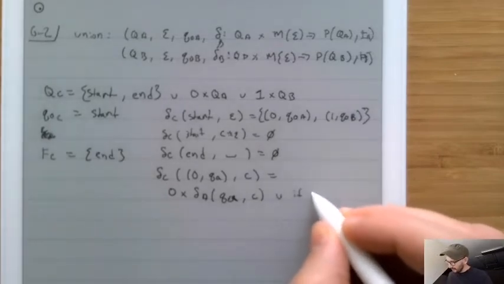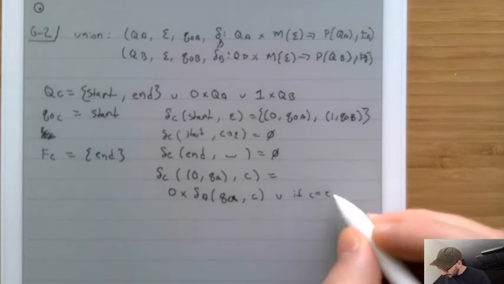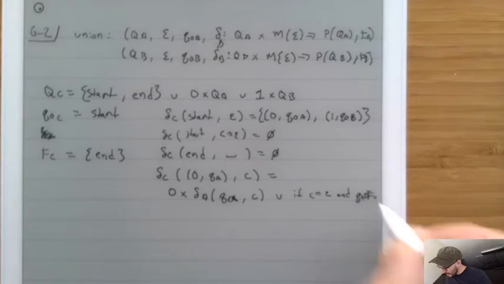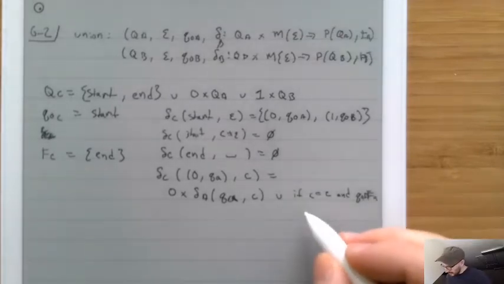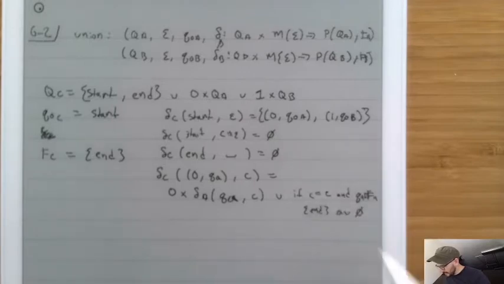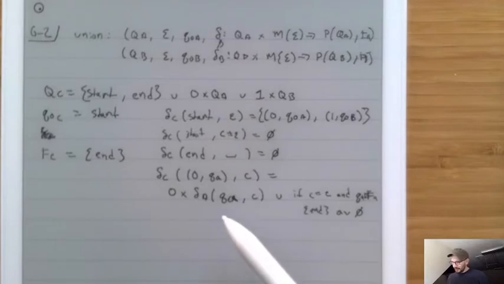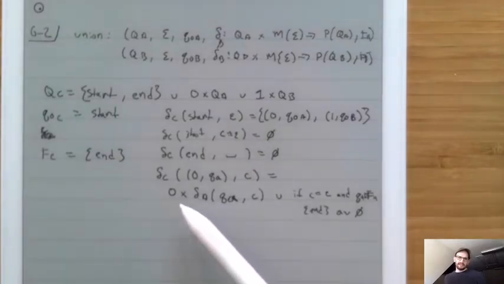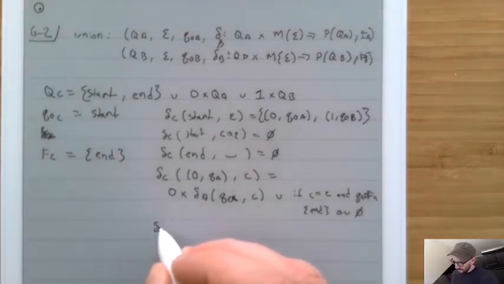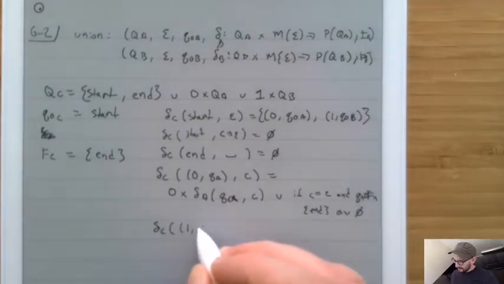We're going to say if C is equal to epsilon and QA is inside of FA, that means it's one of the accepting states, then we'll return end. Otherwise, we'll return empty. So this basically says we take everything that the previous delta A did, combine it with 0, and then also do one more thing, which is that if C is the epsilon and QA is accepted, then we also go to the end. And there's a similar rule for the QB sets.